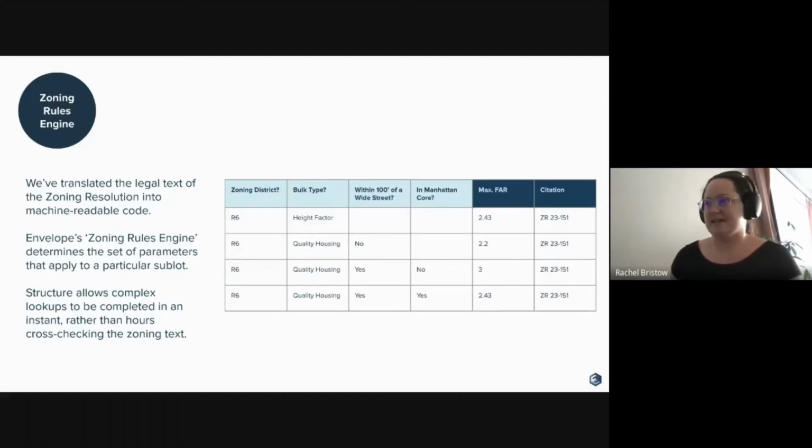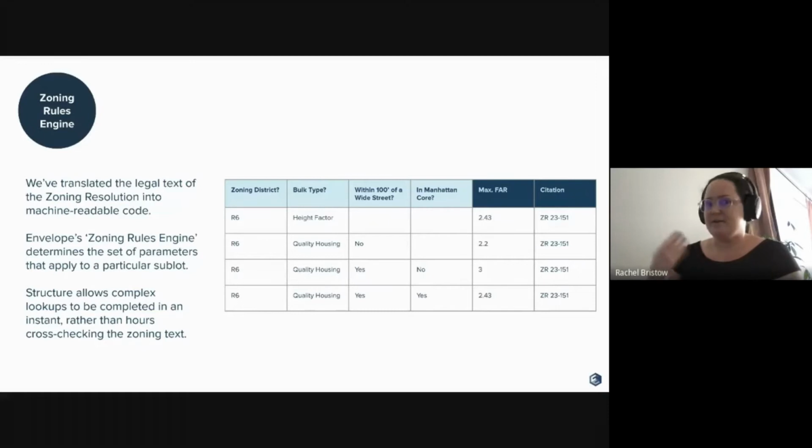We then need to ask what bulk type we are using, like which set of bulk rules, whether we're using quality housing or height factor, which are the 2 sets of rules that are allowed here. If you're using quality housing, it then matters whether the site is within 100 feet of a wide street. And we have that information because of the analysis that Brian mentioned. And if it is within 100 feet of a wide street, we need to know whether the site's in the Manhattan core, which is community districts 1 through 8.